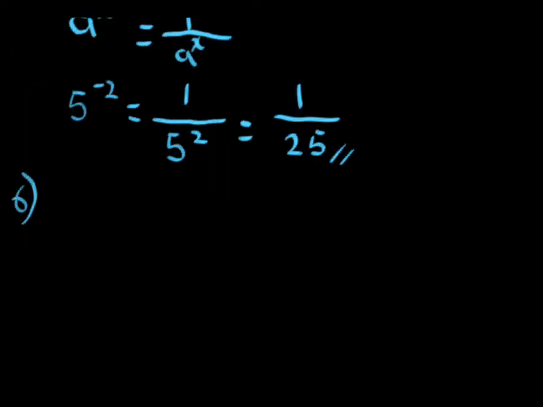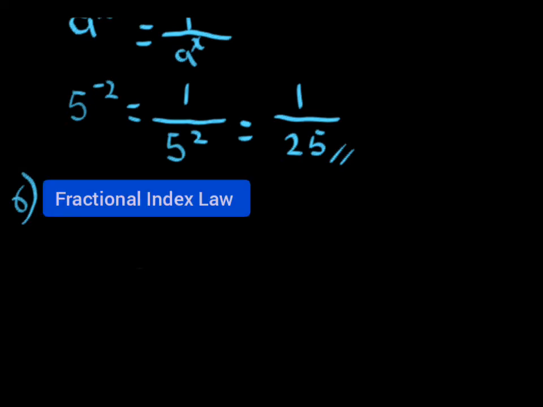The sixth law would be the fractional index, or the fractional power. We could be given a raised to power 1 over x. Notice that at your power you have a fraction, 1 over x.